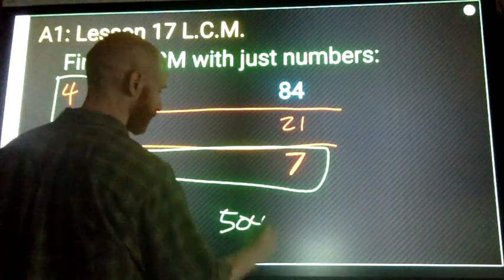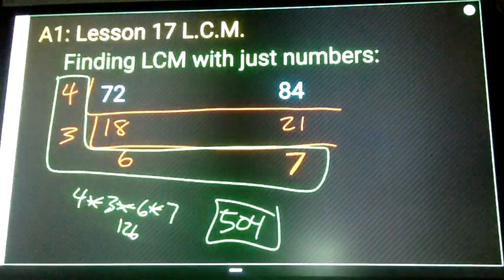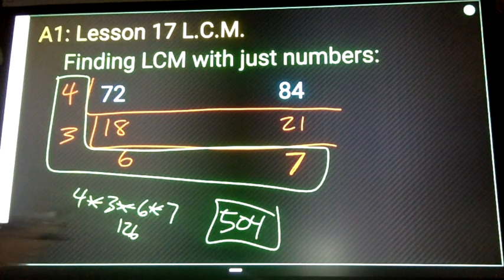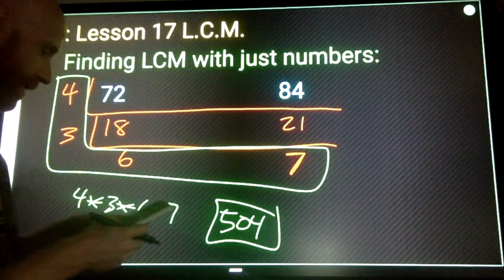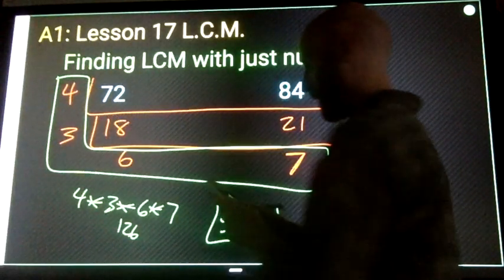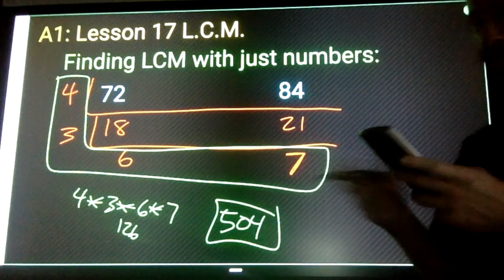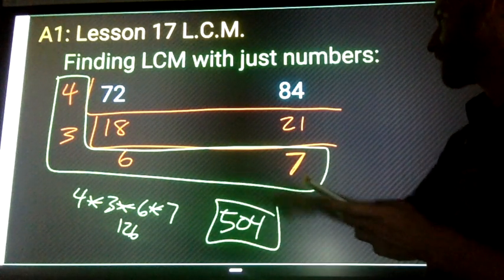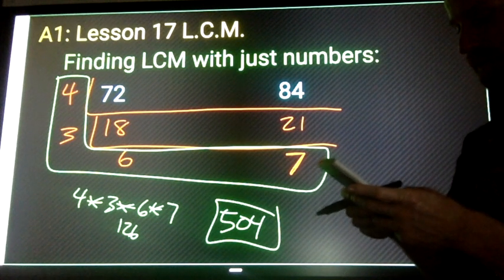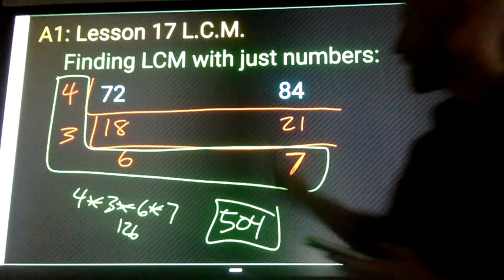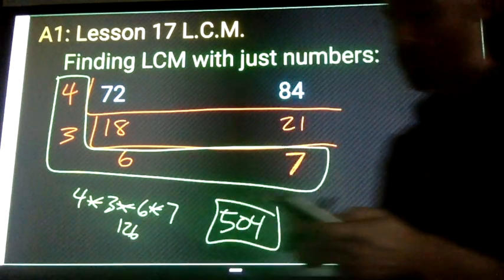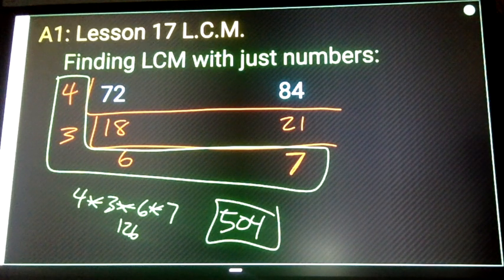That is the smallest number that both of them divide into. I'm going to double check my math on a calculator. 4 times 3 times 6 times 7, yes, 504. I'm going to double check that 504 divides 84 since I got the calculator out. Divides it 6 times, and 504 divides 72 7 times. Intriguing. 6 and 7. You see that there? There's some number connections you might want to explore if you ever get curious.